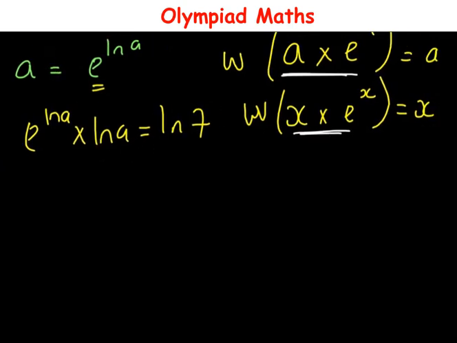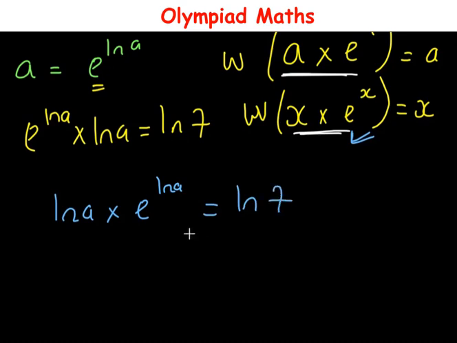But if you look closely, you will notice that e is in the second place. So we are going to move this e to the second place, such that this becomes ln a times e to the power of ln a is equal to ln 7.